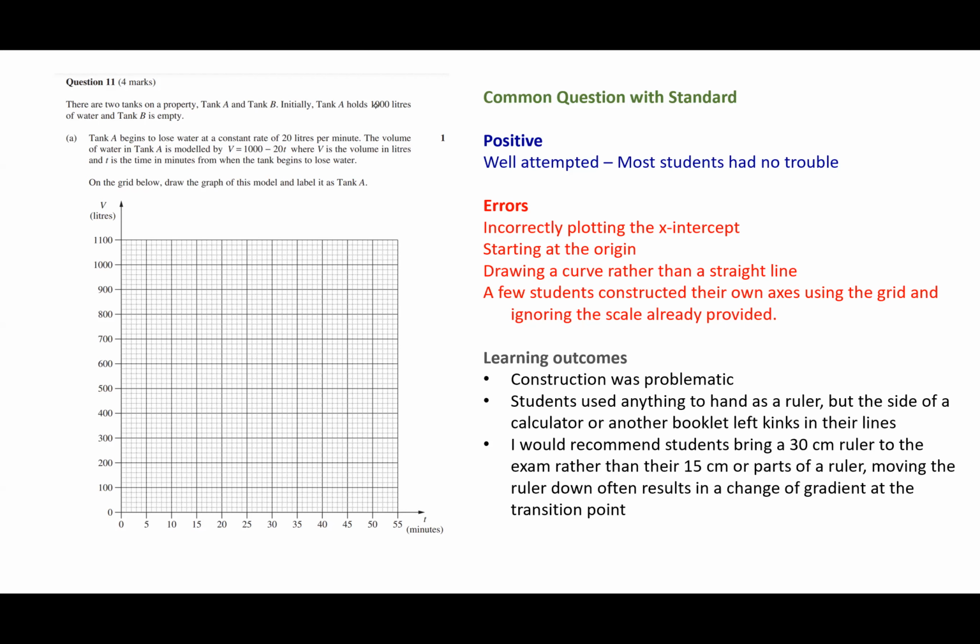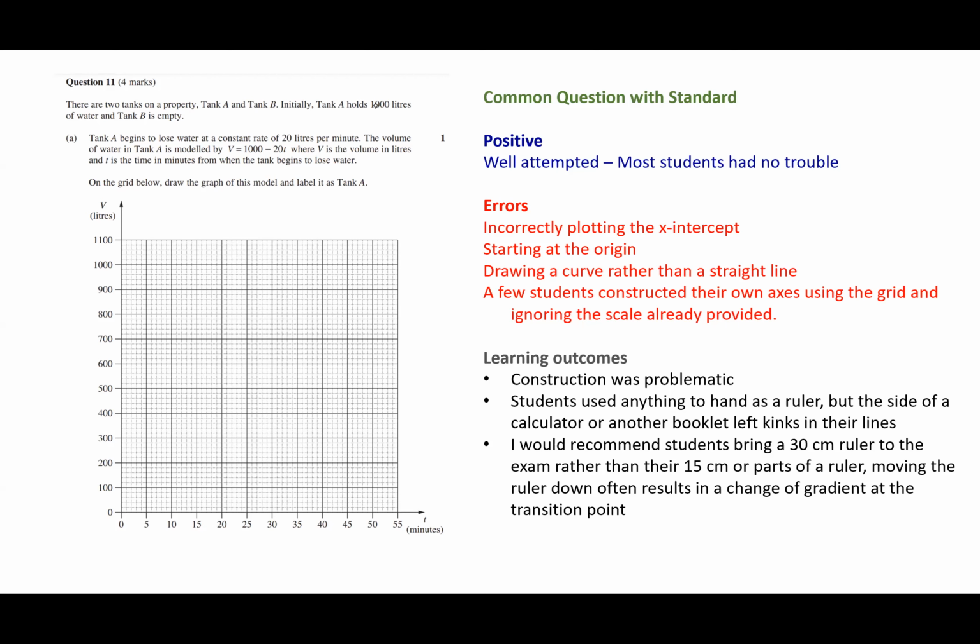Next, I think, is that students need to have a ruler. What many students did was simply use whatever they had to hand. So if that was a calculator edge, then you would see a kink in the line, or some of them used the booklet edge and you would see the stapler marks along their line.